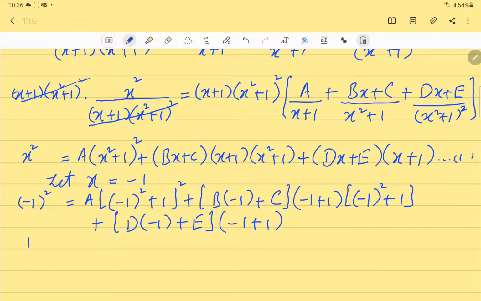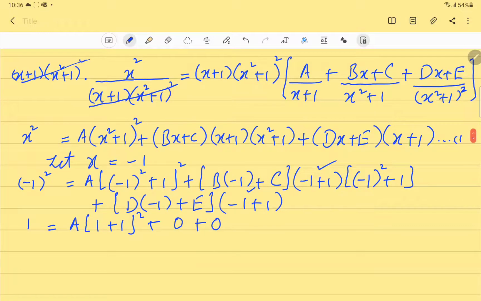Square of minus 1 is 1. So a into square of minus 1, again 1, plus 1 whole square, plus, because of this whole term will be 0 and because of this whole term will be 0. So 1 is equal to a into 2 squared.